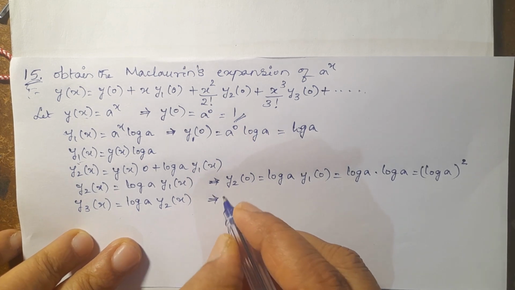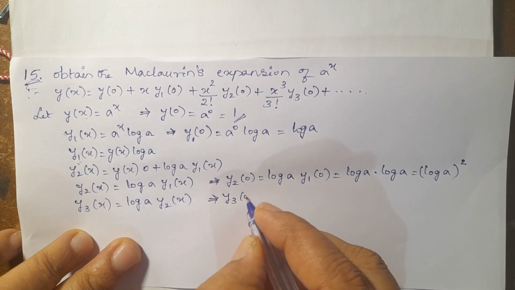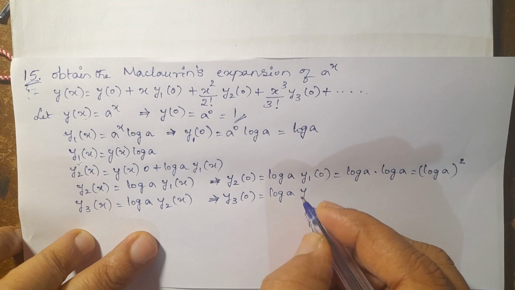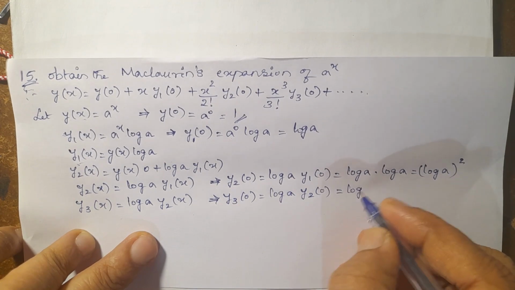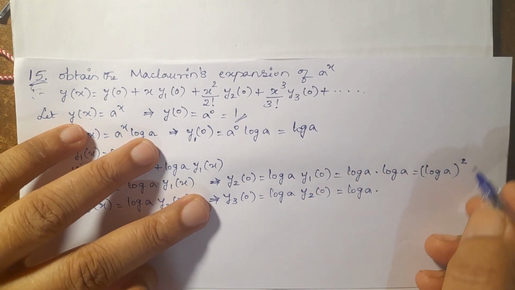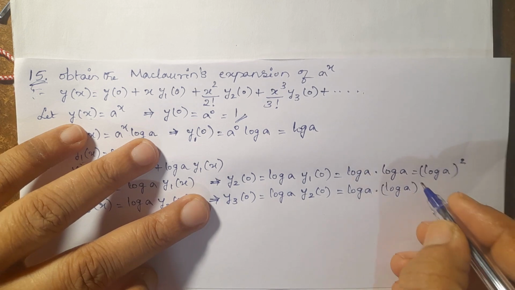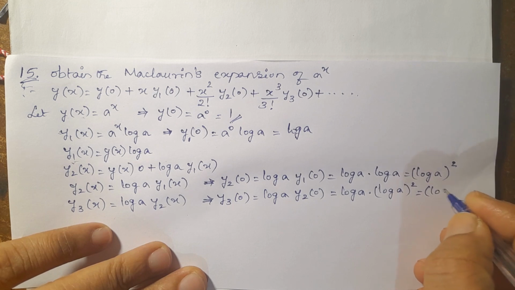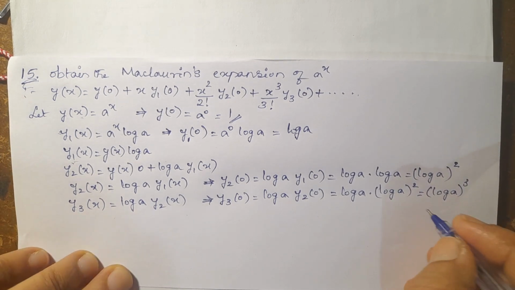So it implies at x equal to 0, y3 of 0 equal to log a into y2 of 0. y2 of 0 is log a whole square. So equal to log a whole cube. And so on.